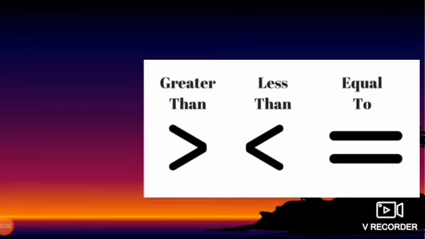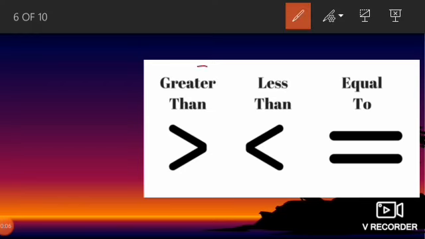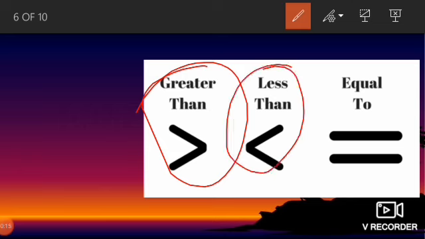For example, if a number is bigger than the other number, we use greater than symbol. And if it is less than the other number, we use less than symbol. And if both the numbers are equal, then we use equals to symbol.